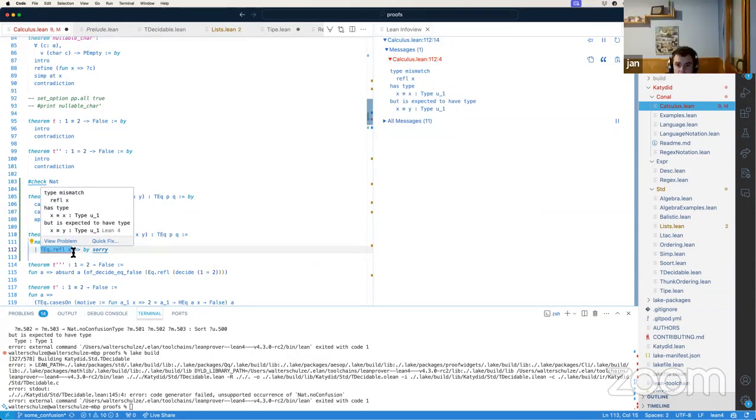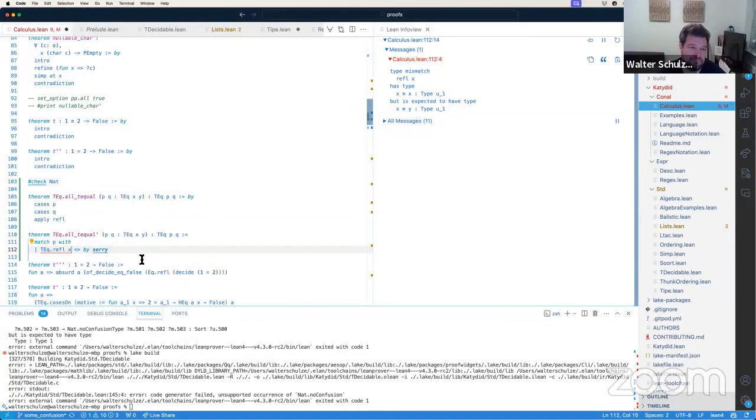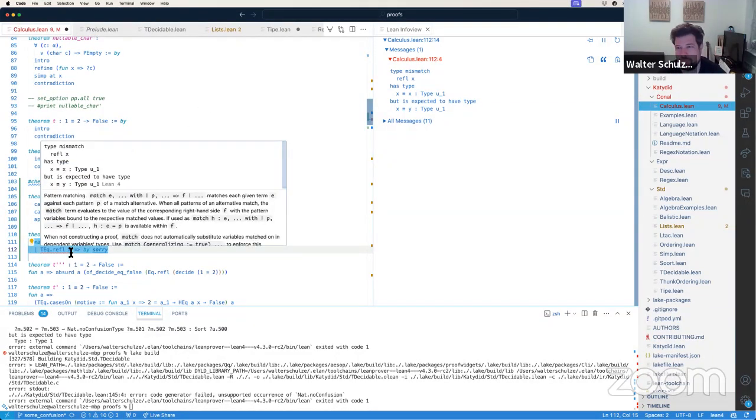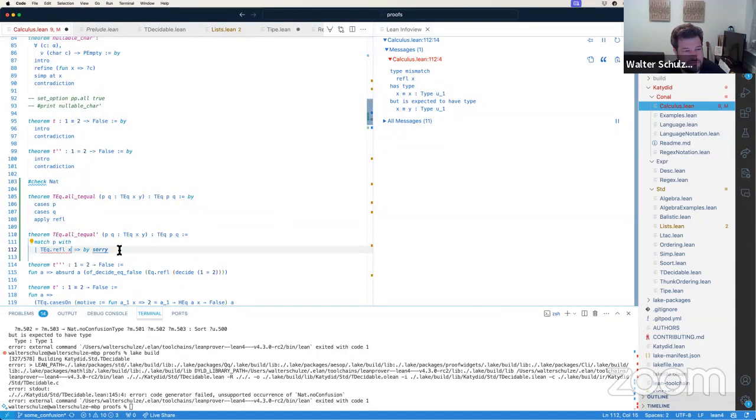So you have X and Y and P and Q. You're destructuring it, saying X equals Y, but you can only provide one parameter.